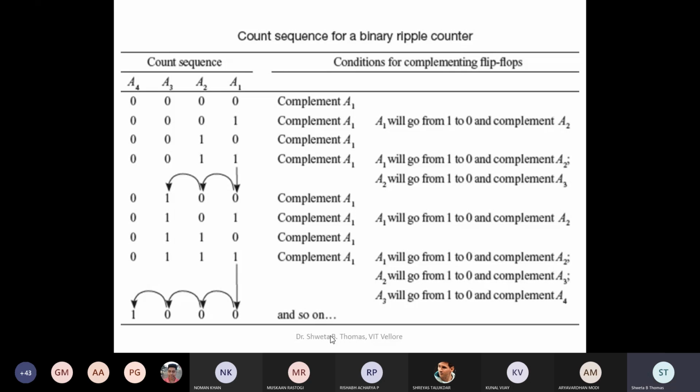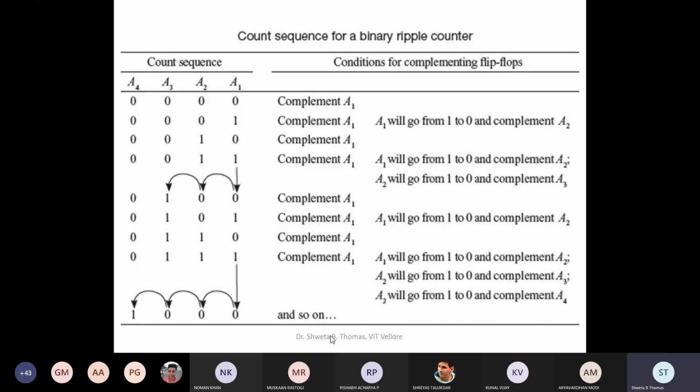Now again, when A1 complements, that is A1 becomes 0 to 1, it doesn't affect A2 because it has not changed from 1 to 0. It changed from 0 to 1. So the next value is 0011. Again, when A1 complements, A1 goes from 1 to 0, it complements A2, that is A2 also goes from 1 to 0.